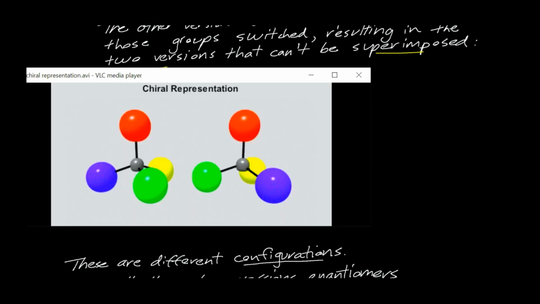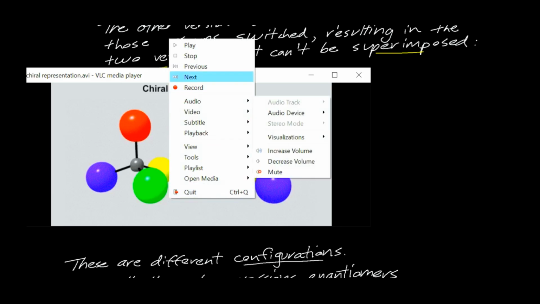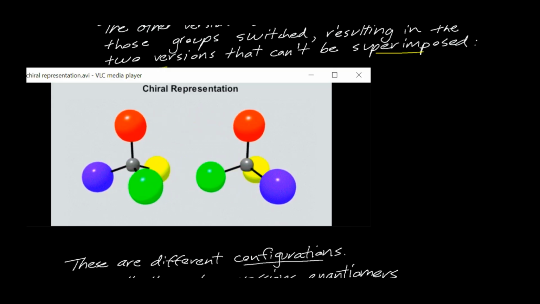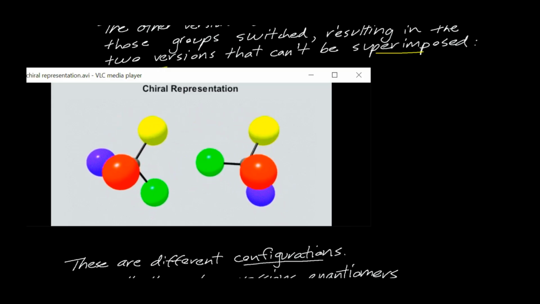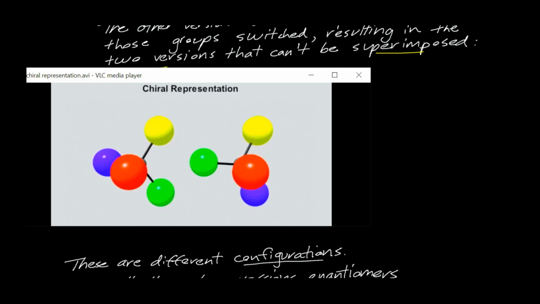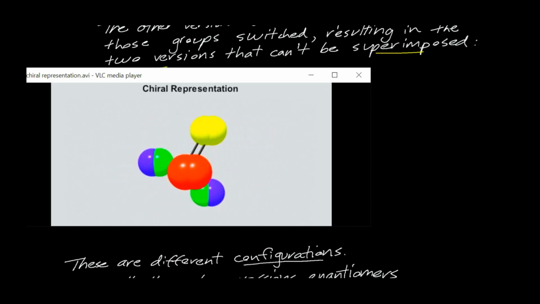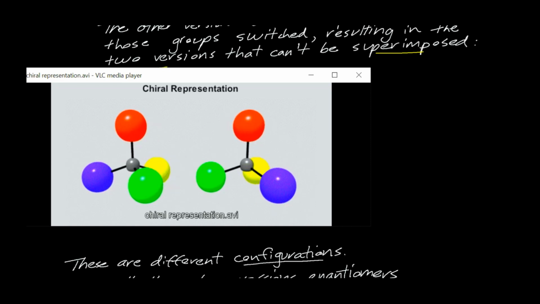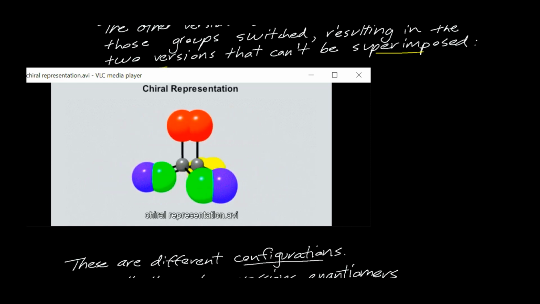Here's an example of this. So notice this molecule has four different things attached. This atom, carbon, has four different things attached to it. By switching any two of them, you get the two different versions of the compound that cannot be superimposed.